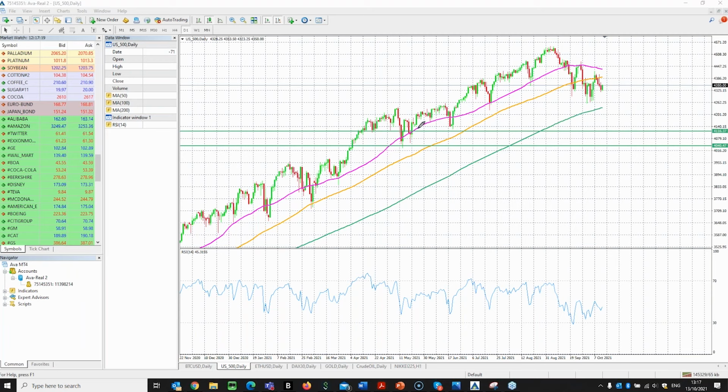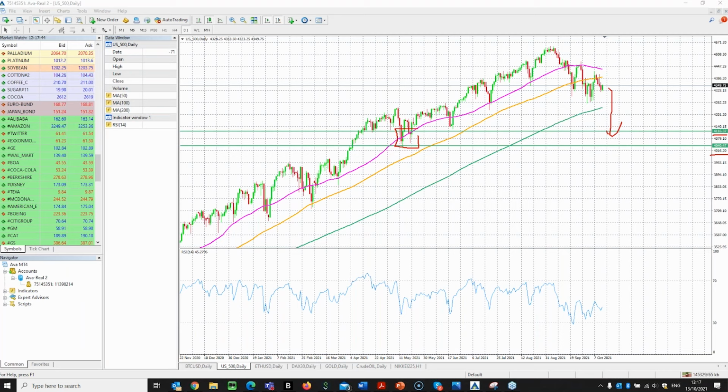That important level of support under the current circumstances is in line with our psychological support of 4,000 in terms of S&P, running all the way to 4,116. So if the price doesn't stop over here, it can continue to move to the downside and then come into this area of support.